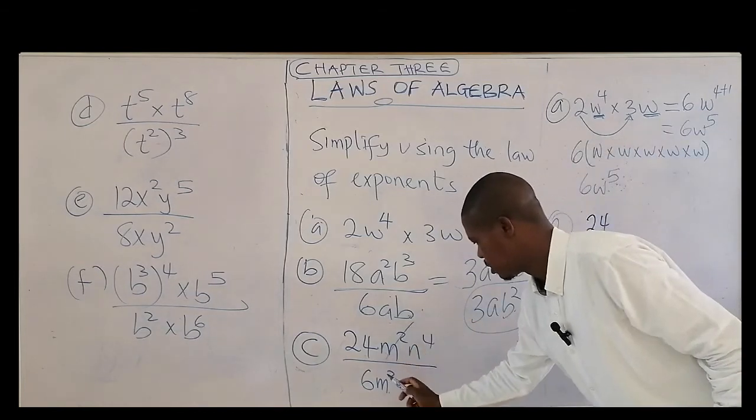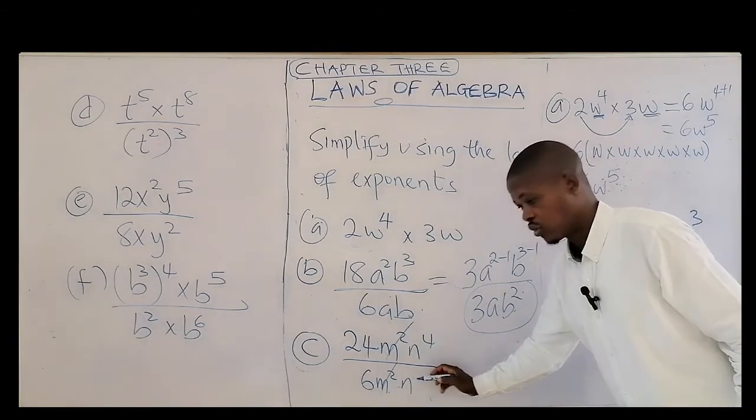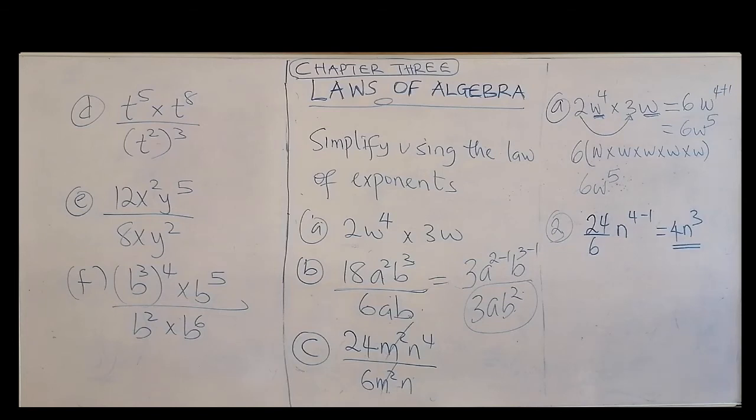This one we cancel, this we cancel. Then we have n to power 4 minus 1. That's 4n to power 3. That finishes that. This is having 1. I told us that all numbers, once they're not 0, carry the power of 1. Any number to power 1 is that number.